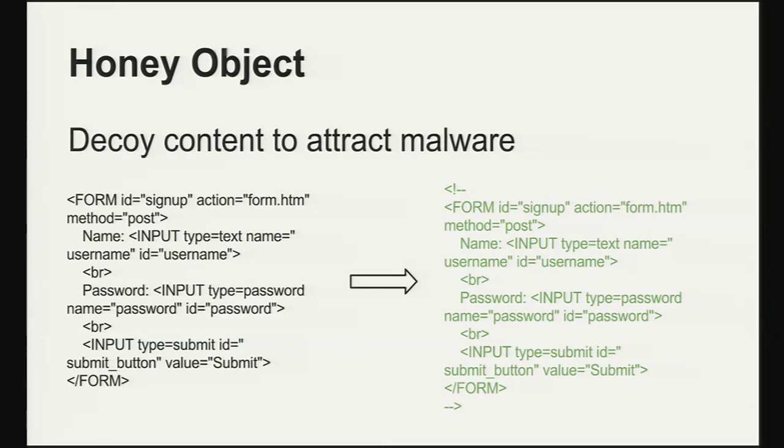The honey object, we call it decoy content to attract the Trojan. For example, on the left side, this is the form which you use to type your username and password. As we already obfuscated it, in the web content you will not see this nice form.